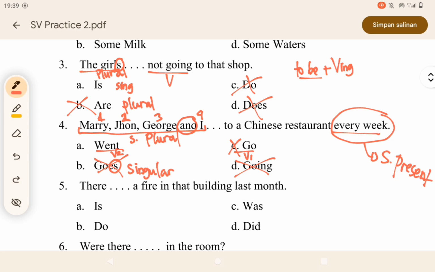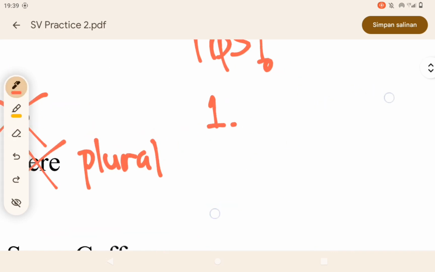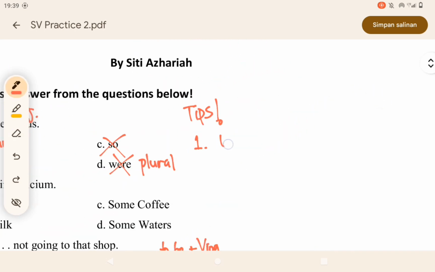Like that. Okay, that is how you answer the question. Don't forget the tips. Yeah, so the very first time that you have to do is to locate the verb because it's easily to be recognized like that.